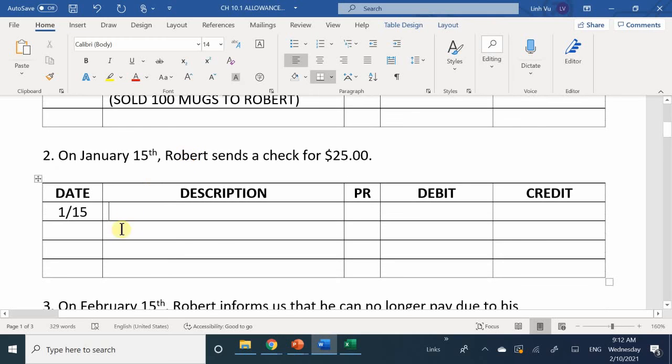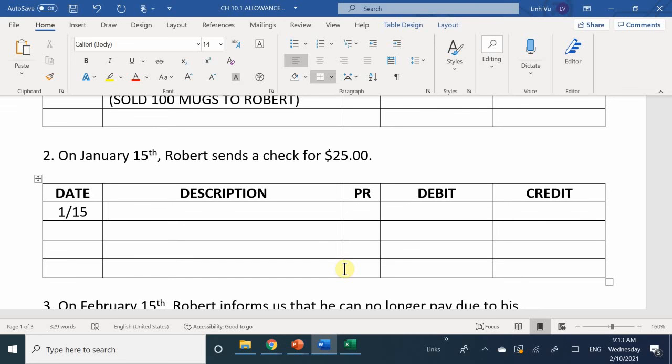Okay, if he's making a payment to what he owes us, how do we journalize this? Payable. Not accounts payable. We don't owe, he owes us, not we owe other people. Accounts receivable. Would you debit the accounts receivable or would you credit the accounts receivable?